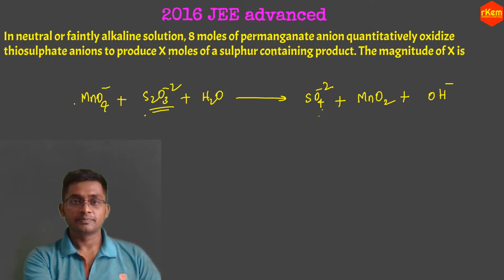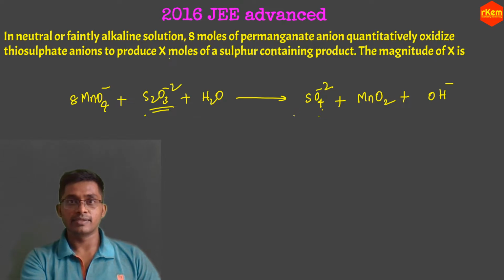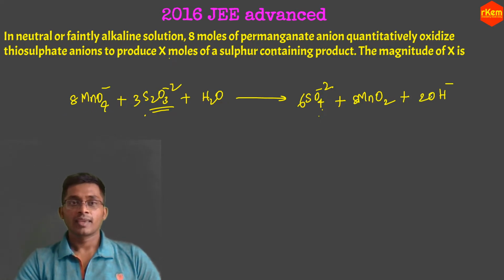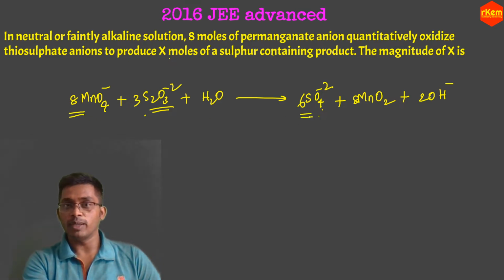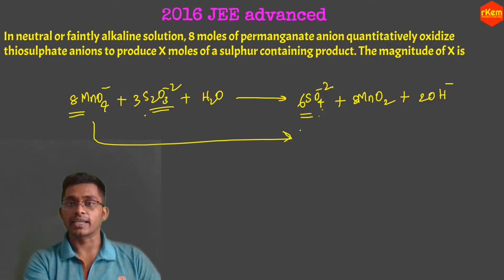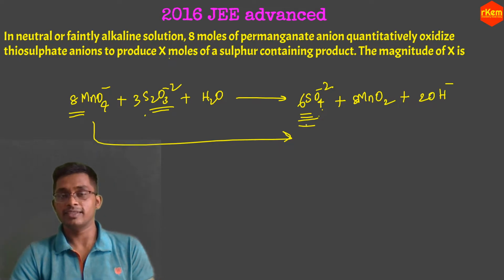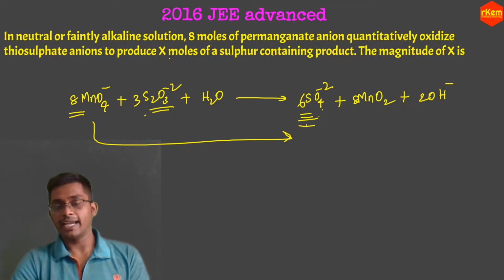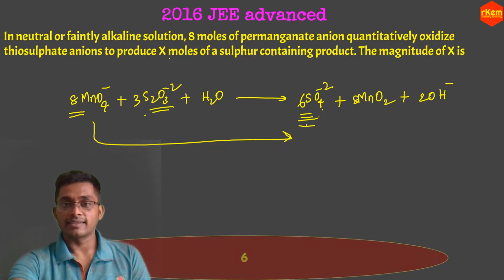So you will get 8 times, this is 3, this is 6 H2O, this is again 8 and this is 2. Okay, it's a balanced reaction. So 8 moles are giving 6 moles of sulfur containing product. That means you should know the product for this question. So you must know the reactions of permanganate and dichromate as well. Okay. So the final answer is 6.